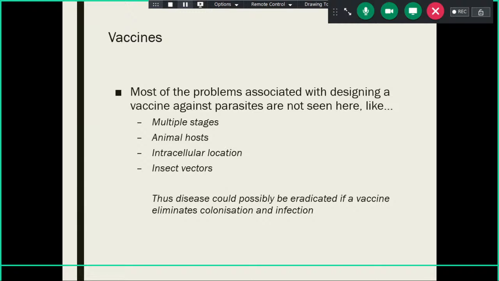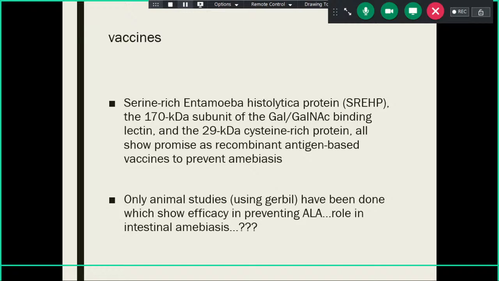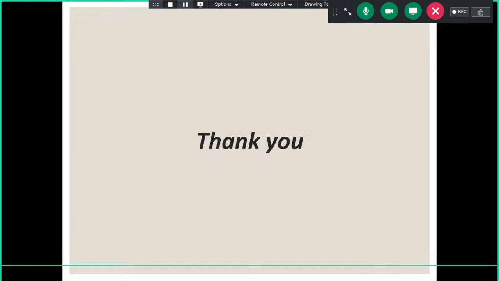But a vaccine is not yet possible because of the multiple stages, animal host, intracellular location and insect vector. These factors make the vaccine difficult. Still, proposed vaccines include the serine-rich Entamoeba histolytica protein, the adherence protein for Gal/GalNAc lectin, but this vaccine has not gone beyond phase 1 and its role is doubtful.